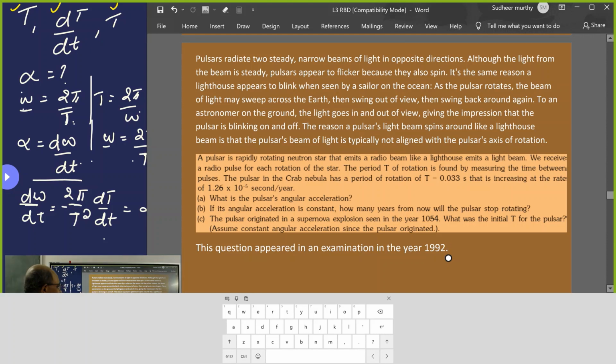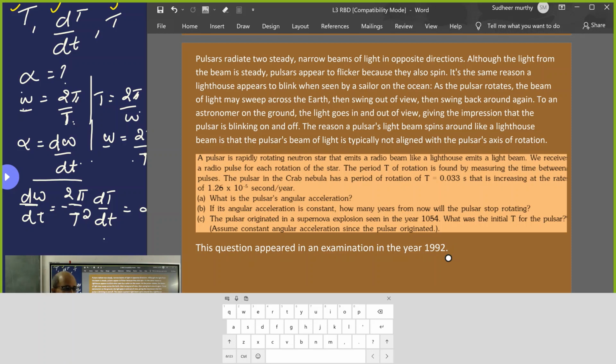The pulsar originated in the year 1054. What is the initial time period? Initially the pulsar was rotating fast, and now it is slowly rotating. So we can find omega naught, the value at the time 1054.